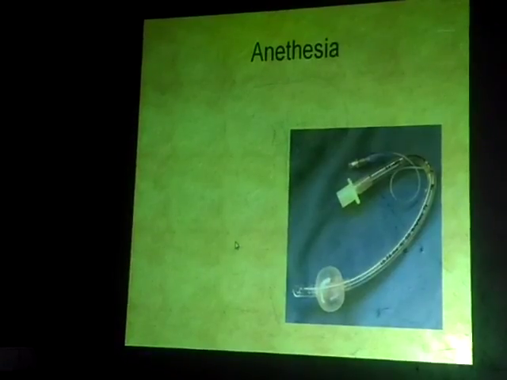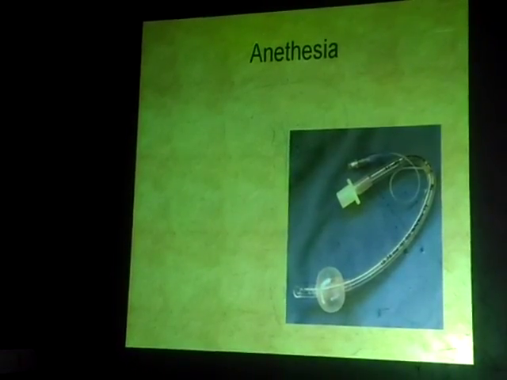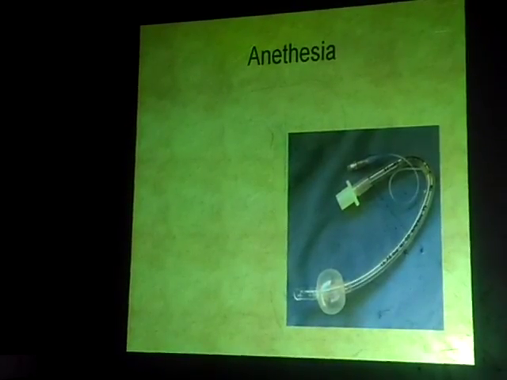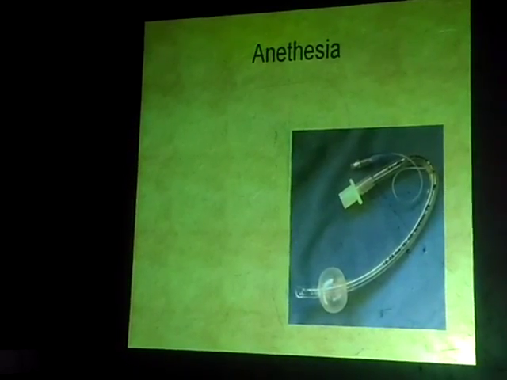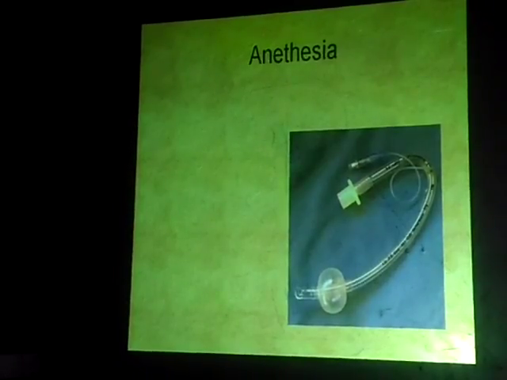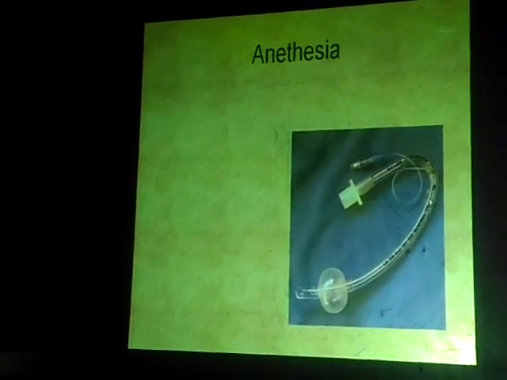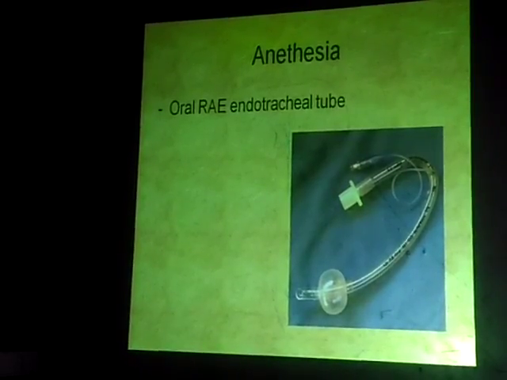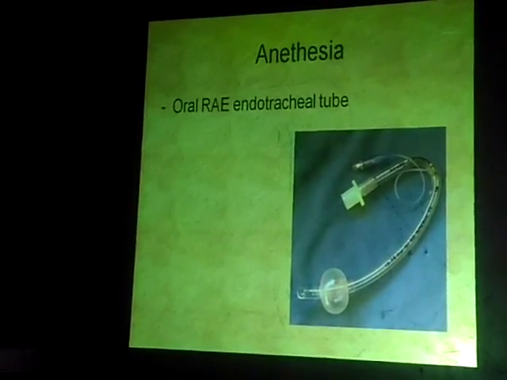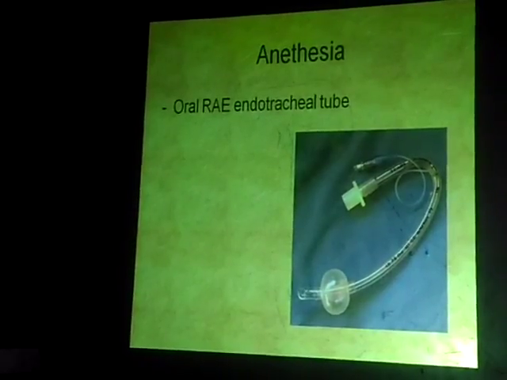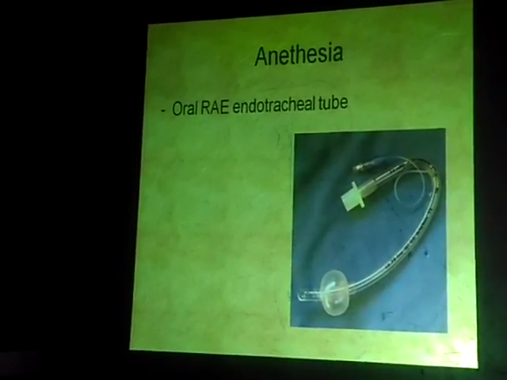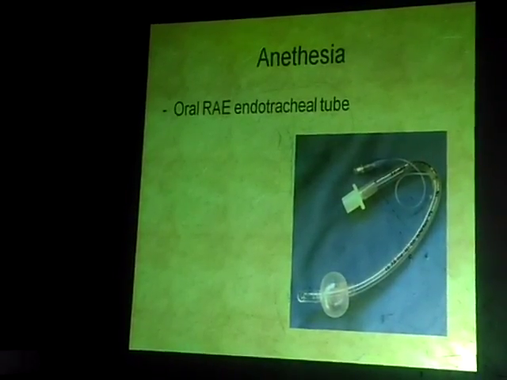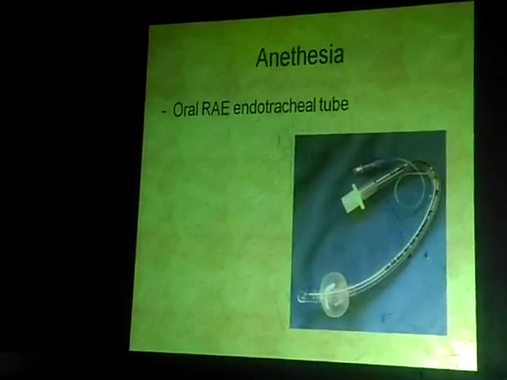Now, a few points about anesthesia. You are doing a surgery in the airway shared with the anesthesiologist. You have to be confident in him, he has to be confident in you, and you are working as a team. First, intubation for anesthesia in cases of adenoidectomy should be oral intubation using a RAE endotracheal tube. In the past, we used to do adenoidectomy while the patient is nasally intubated.